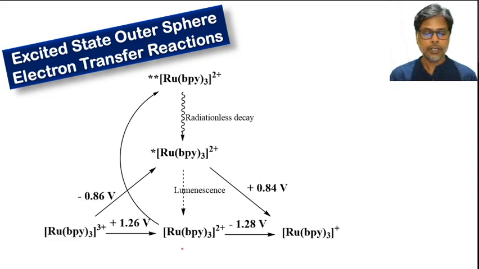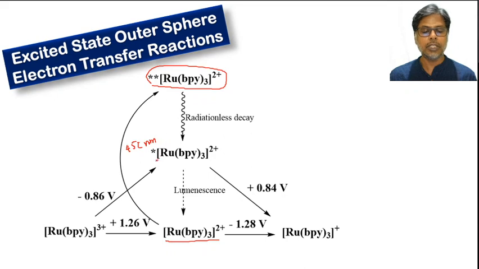Here we have the classic example, the ruthenium complex, and when this complex absorbs electromagnetic radiation of 452 nanometer wavelength, it goes to an excited state, which is typically very short-lived, and then this species undergoes radiationless decay to give this excited state.